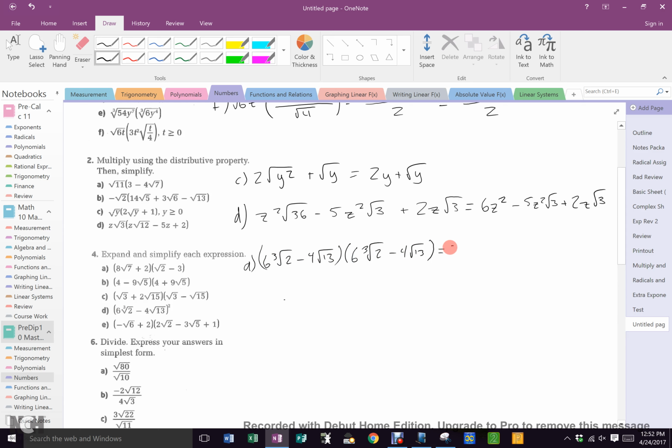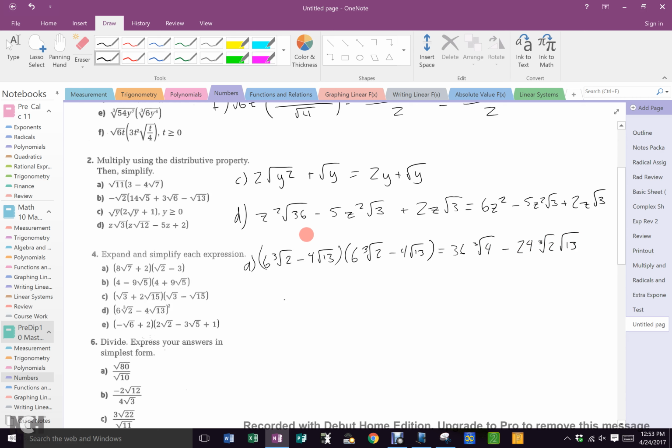6 times 6, 36 cube root 4 minus 24 cube root 2 root 13. Different indices, so you can't multiply.